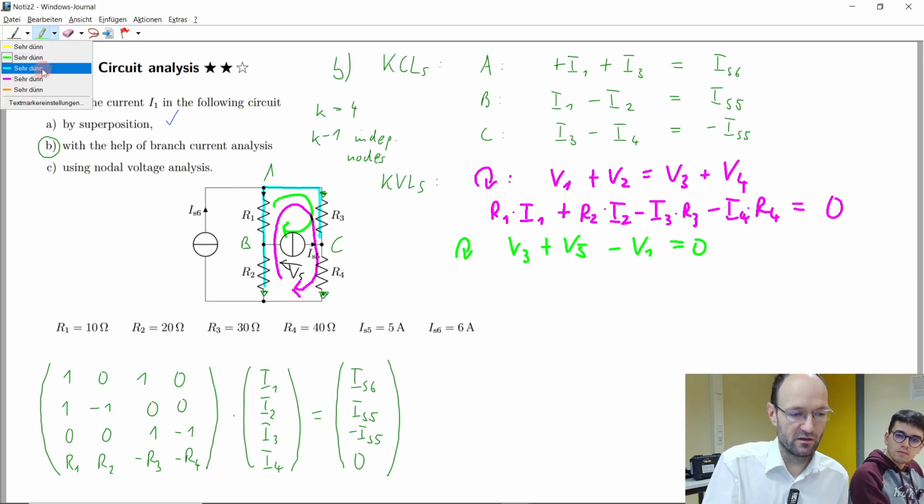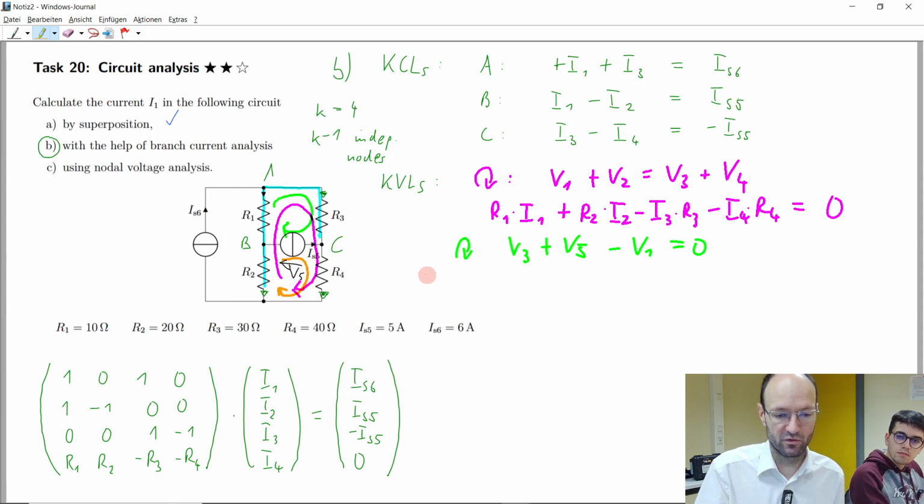And if I take another color, and we set up a Kirchhoff's voltage law for this mesh, then it would be minus V5 plus V4 and minus V2 equals 0.